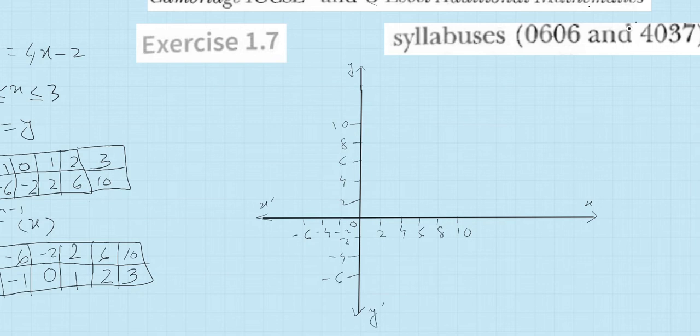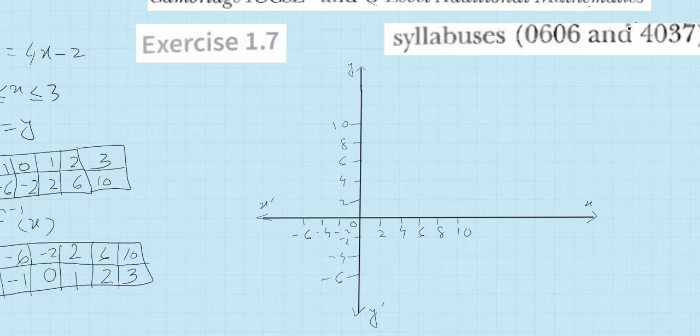This is the negative y-axis. Now it's time to plot f(x). First, x is minus 1, then y is minus 6. Where is minus 1? x minus 1 is in between 0 and minus 2.